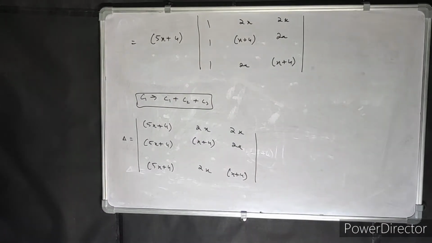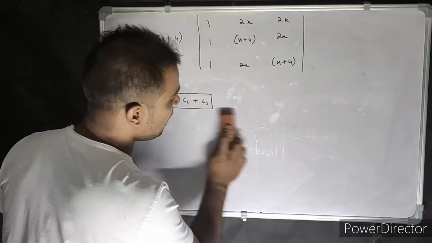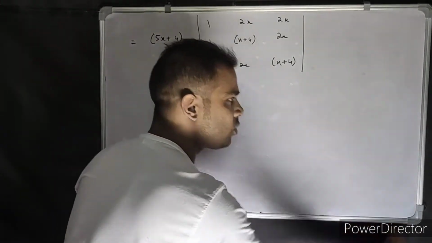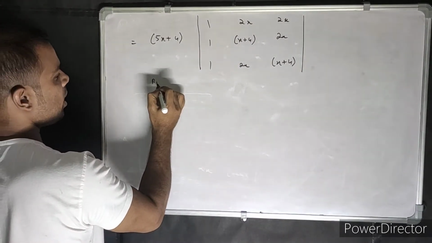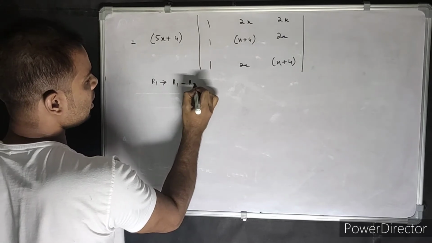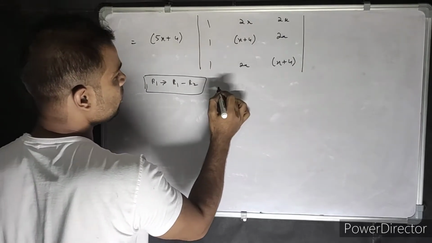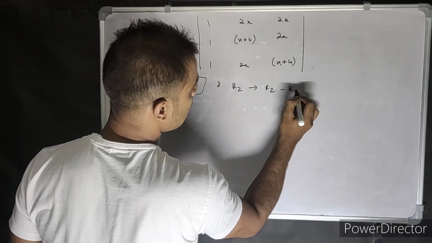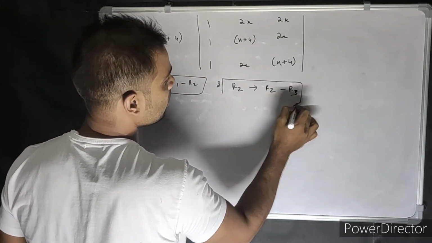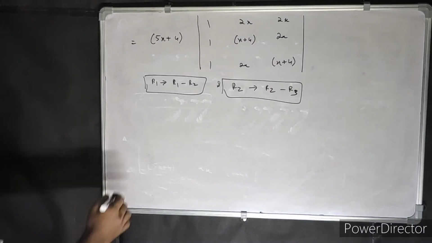Next, do row 1 minus row 2, row 2 minus row 3. When you start with column, the next step is row; when you start with row, the next step is column. Now do R1 tends to R1 minus R2, and R2 tends to R2 minus R3. Do these two operations and get your answer quickly.